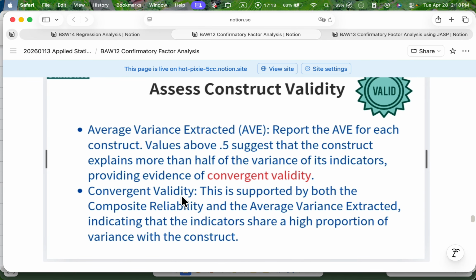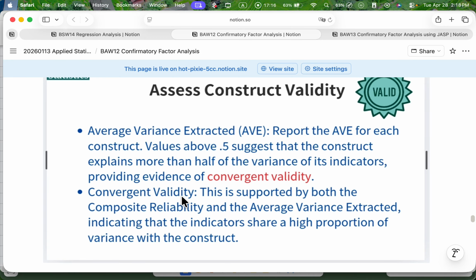So now let's assess construct validity. As mentioned, I need to calculate the AVE, the average variance extracted. We have to report the AVE for each construct. A value above 0.5 suggests the construct explains more than half of the variance of its indicators. What does that mean?